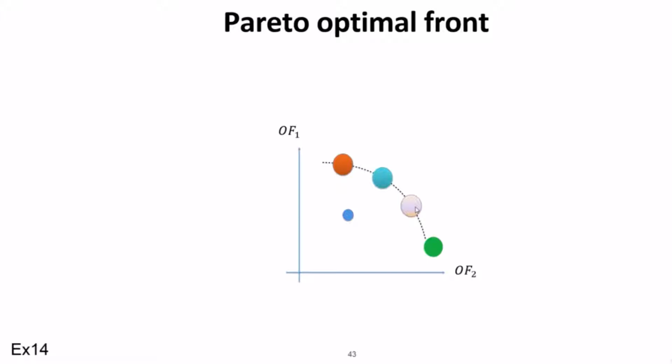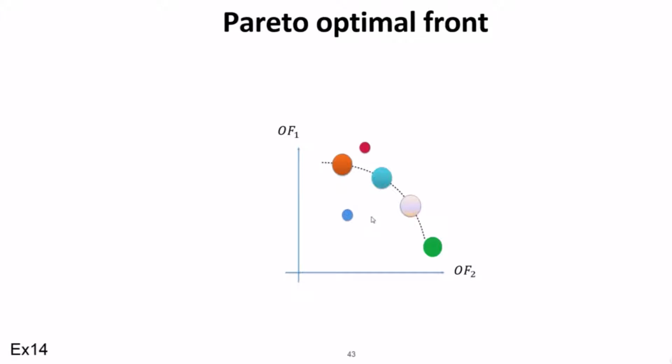The white one has bigger OF1 and OF2, but the green one has a bigger OF2 but smaller OF1. So I can say that this solution is dominated by the blue one and the white one. If there is any solution that can dominate this one, then we have to eliminate it.